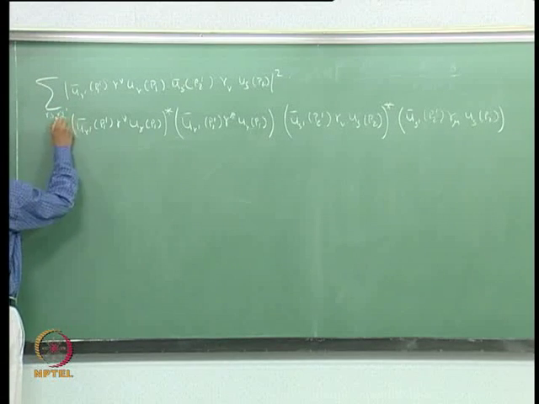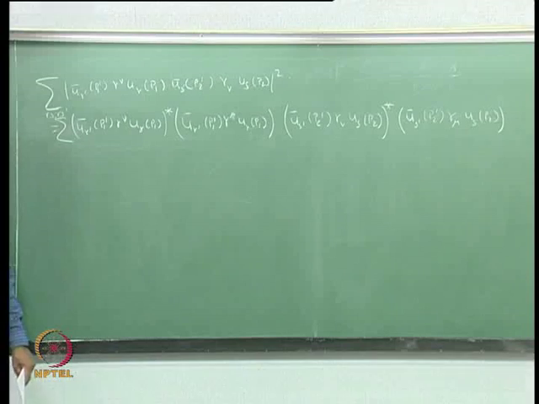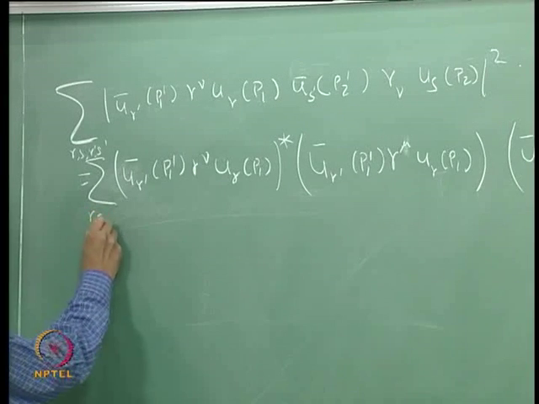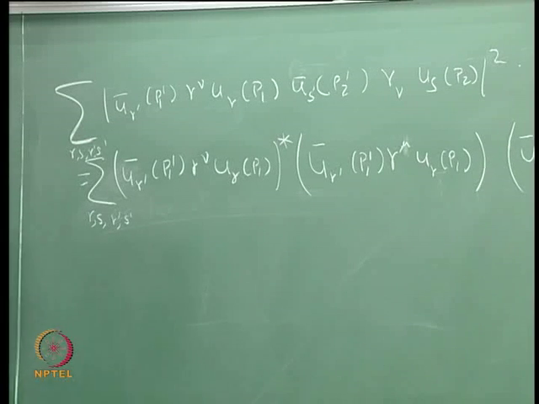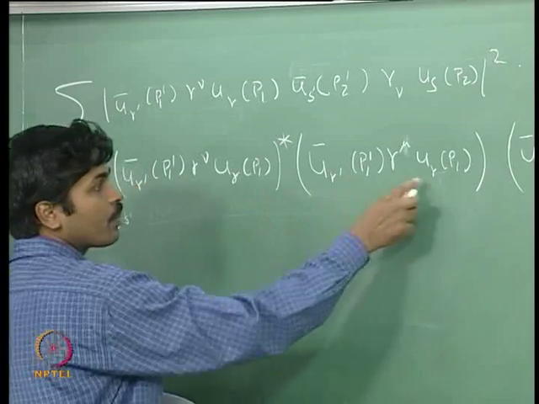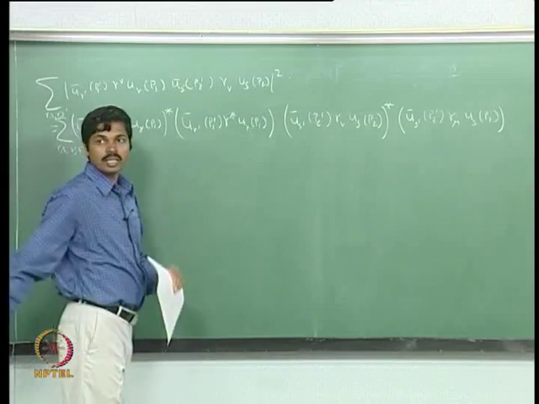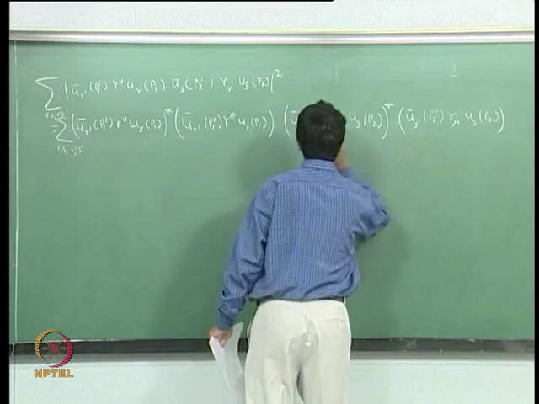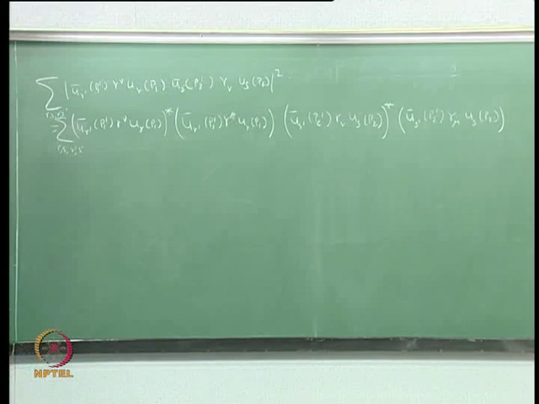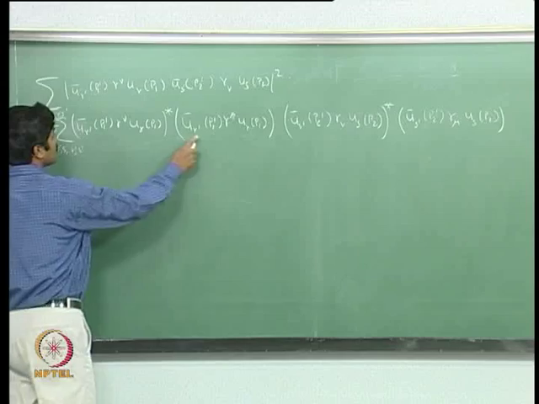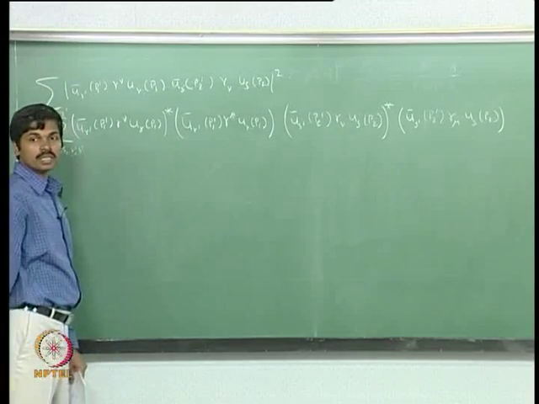So, here again I have to sum over all the spin indices r, s, r prime, s prime. You look at this: the first two terms involve only r and r prime, and the second two terms involve only s and s prime, and then we know what this is. We have already done this when we worked out the Compton scattering.